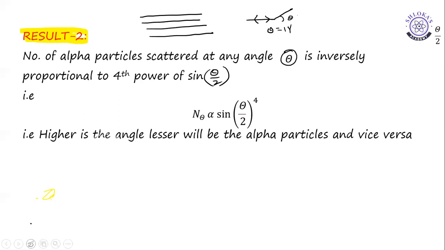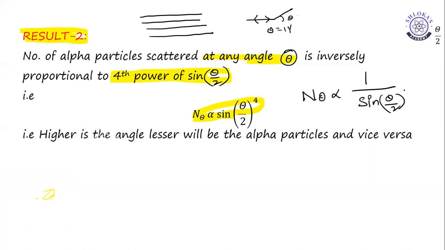What does result 2 mean here? The number of alpha particles scattered at any angle theta is inversely proportional to the 4th power of sine theta by 2. So mathematically I can write n theta, the number of alpha particles scattered at any angle theta, is directly proportional to, sorry, I made a mistake here. It is not directly proportional, it is inversely. n theta is proportional to 1 by sine theta by 2 whole power 4.